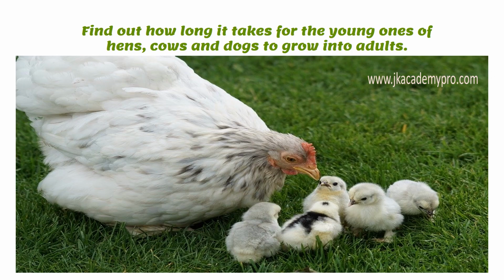Now, I want you to find out how long it takes for various animals to grow, that is, to grow from babies into adults. A hen lays eggs, the eggs hatch, and chickens come out. How long does it take for these chickens to grow into young adults?